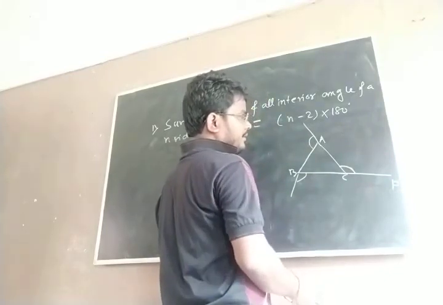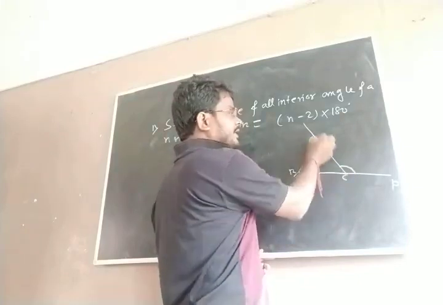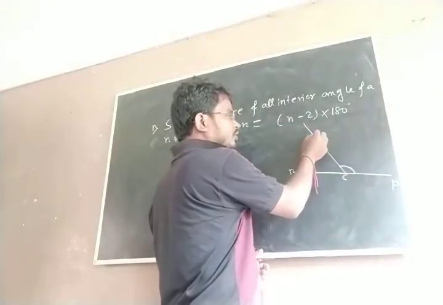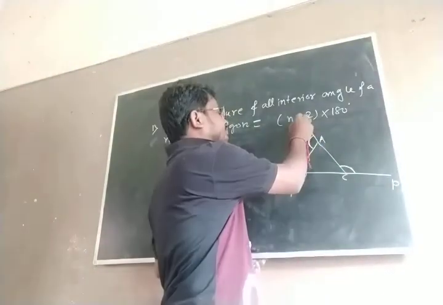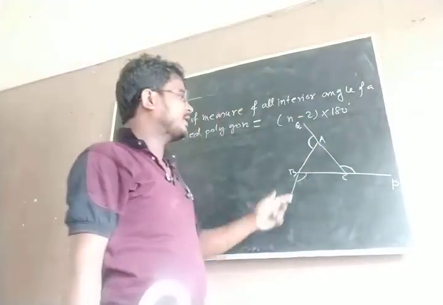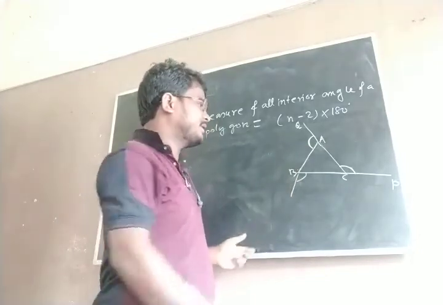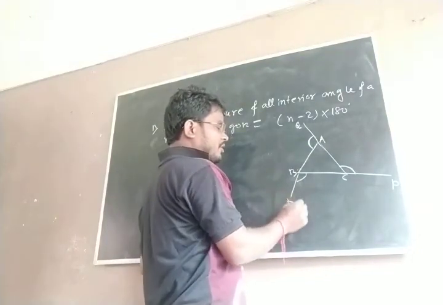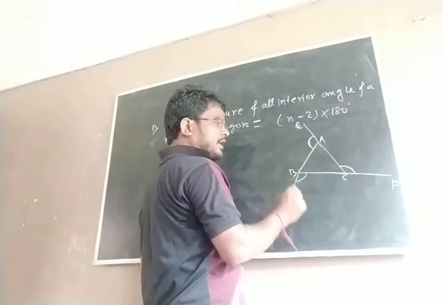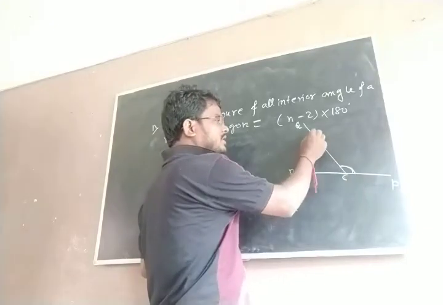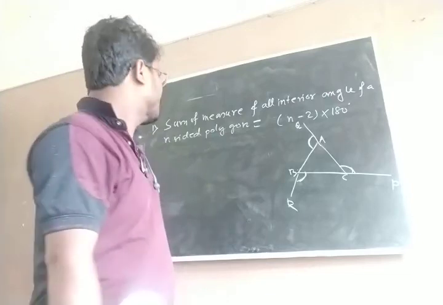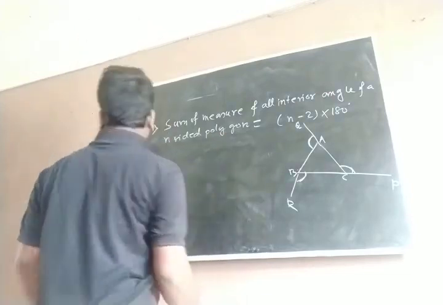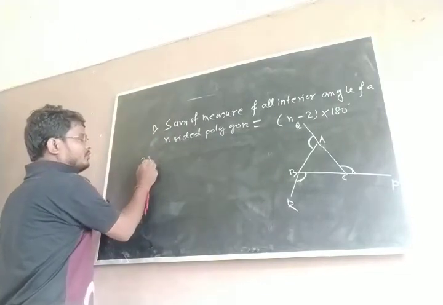Then again I extend AC, then it will form exterior angle BAQ. Again I extend AB, then it will form angle CBR. What is the sum of these three angles? 360 degrees.